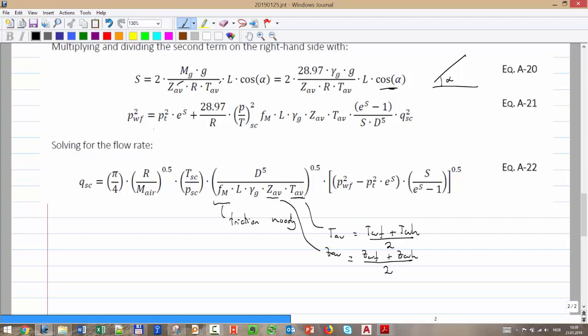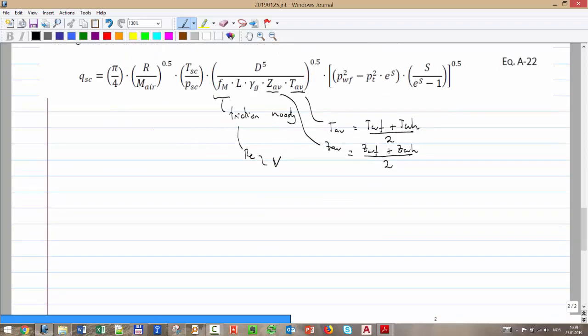Then comes this friction factor, which is a big problem, right? The friction factor depends on the Reynolds number, and the Reynolds number depends on the velocity. However, for gas, luckily, our life is made a bit easier. What does a chart of friction factor versus Reynolds look like?